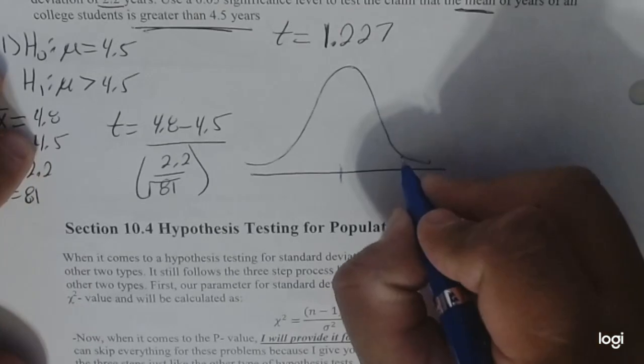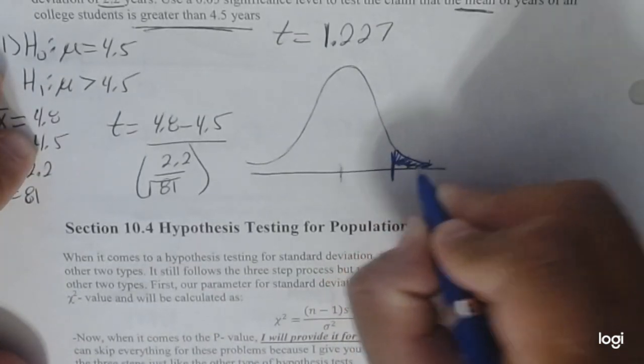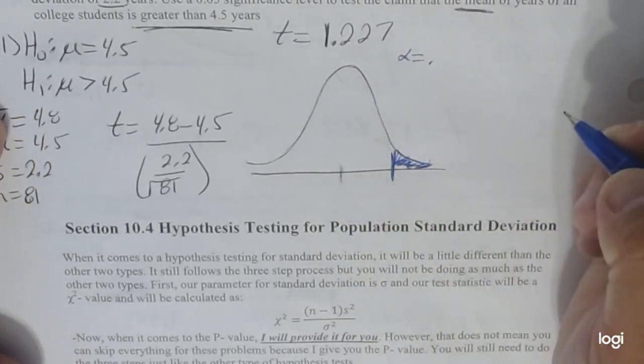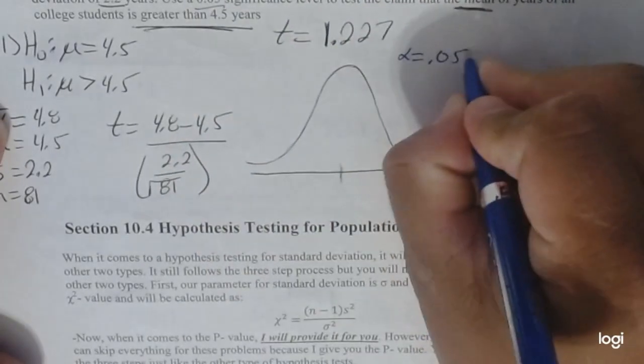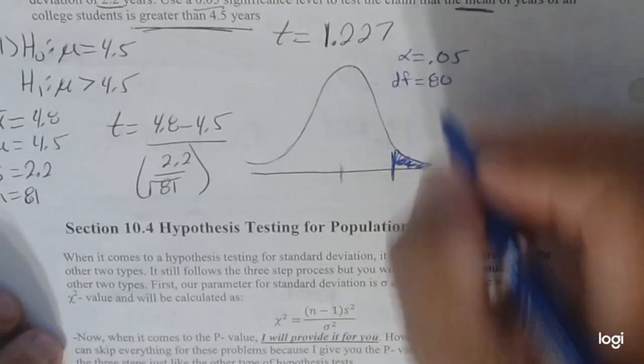All right, so now we have a right-tail test. So it's the area on this side. Alpha is right here, 0.05. Degrees of freedom is going to be 80 in this case.